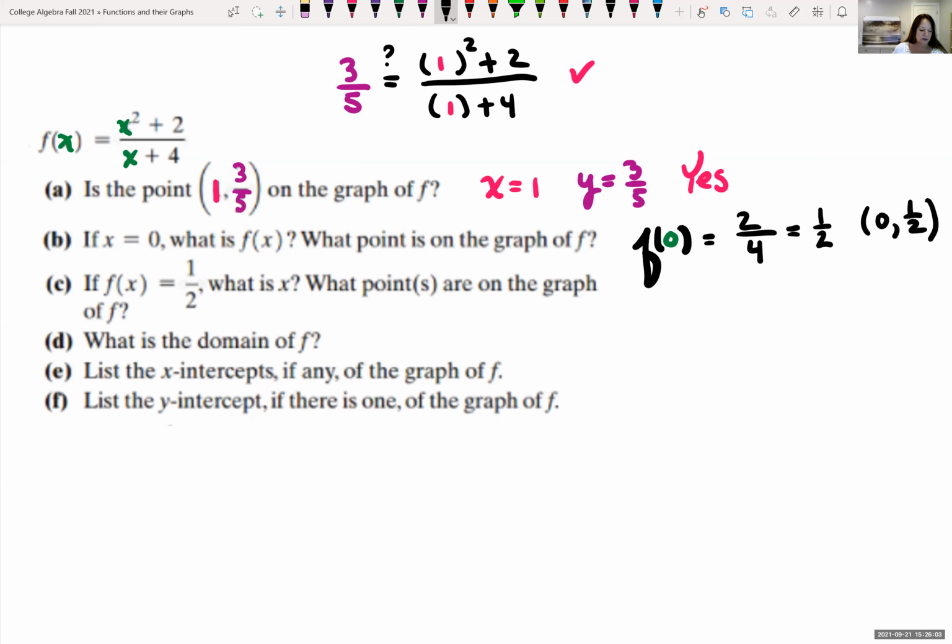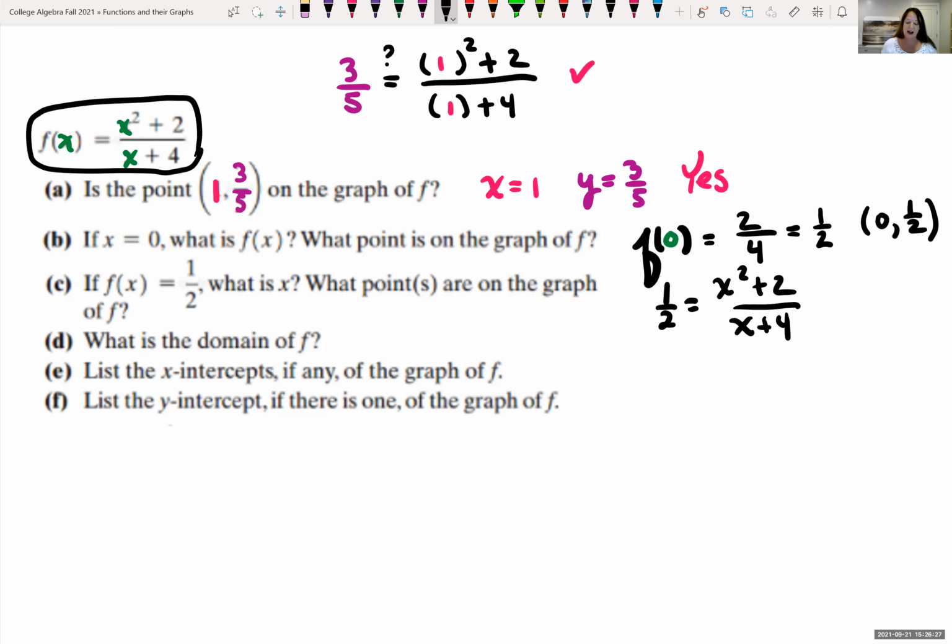So if f of x equals 1/2, what is x? What points are on the graph of f? This is saying when f of x is 1/2, so we set up the equation 1/2 equals x squared plus 2 all over x plus 4.